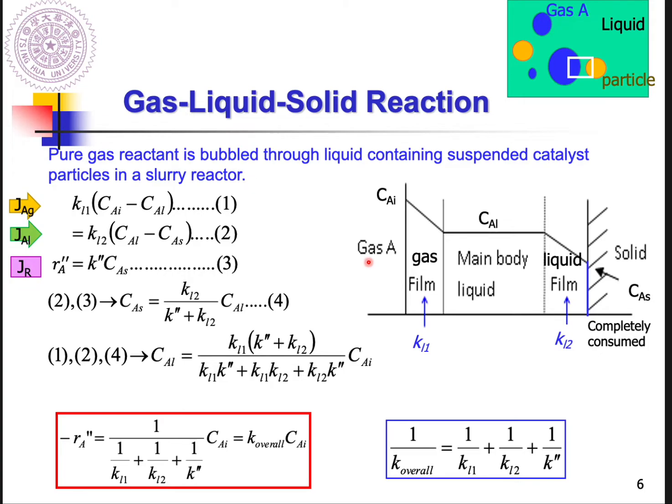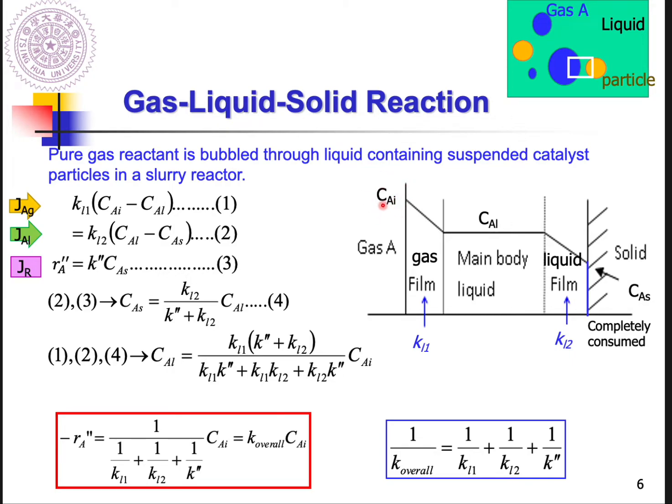So in between the gas and liquid main body, we have a film layer we call the gas film layer. And in between the liquid and the catalyst solid particle, we have a film layer we call the liquid film layer.